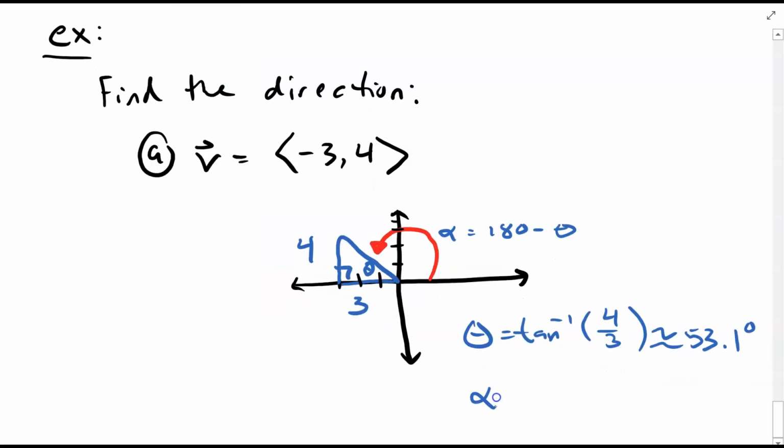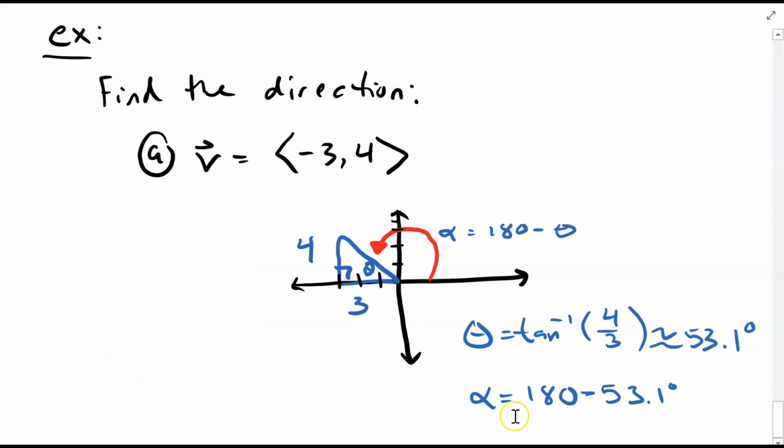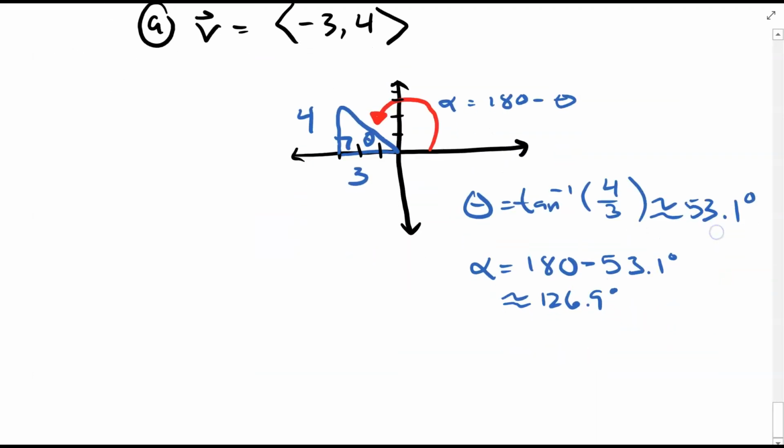So my direction, what I'm actually looking for, is 180 minus 53.1, which gives me 126.9. Everybody okay with that? Okay.